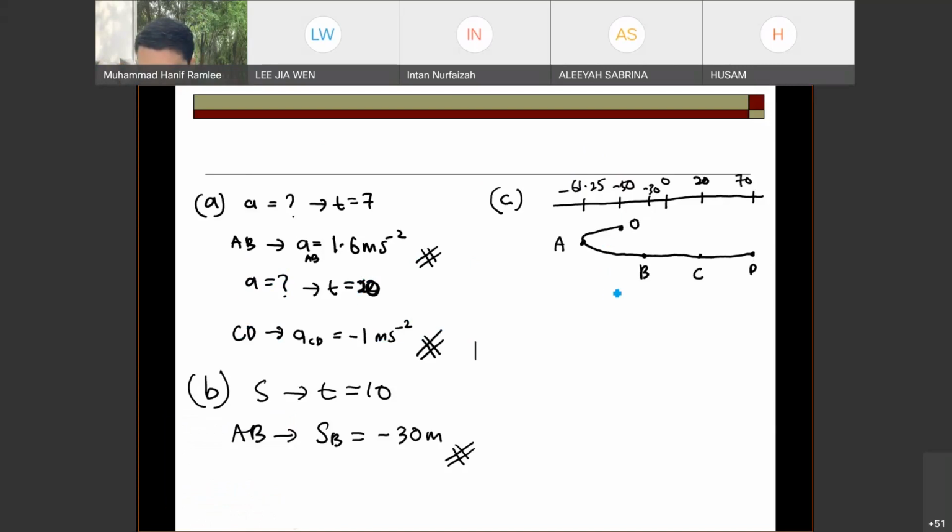Again, you can determine this region. OE: -61.25 minus -50 should be 11.25.